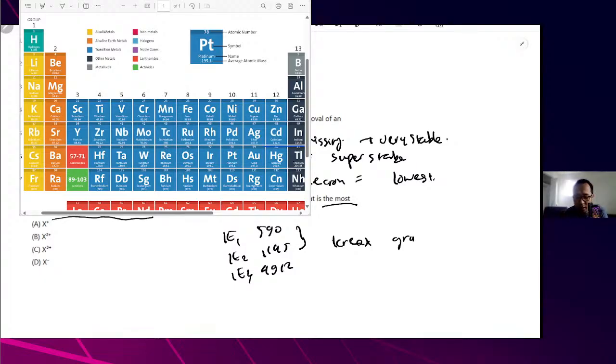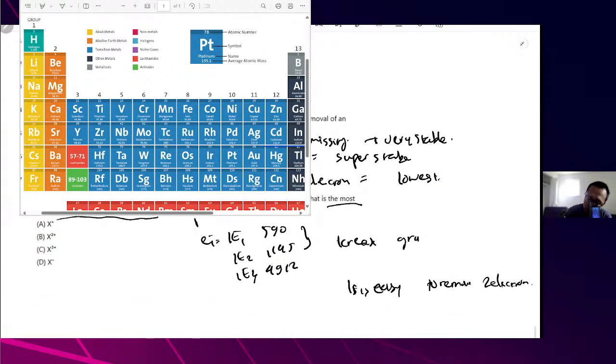I mean, it just doubles. But for IE2 to IE3, it's about 4 times. It's a high jump, a big jump. So that means it's easy to remove 2 electrons.